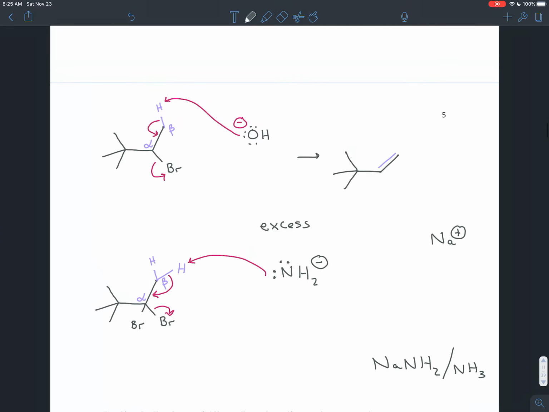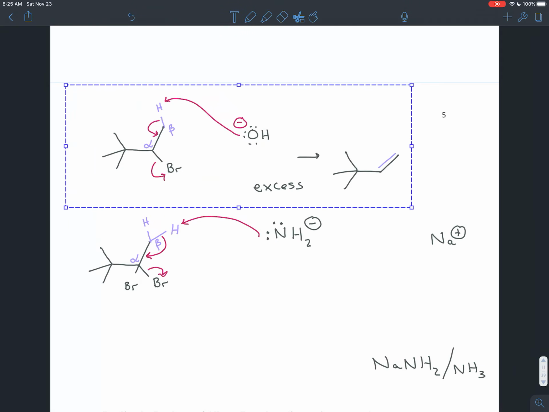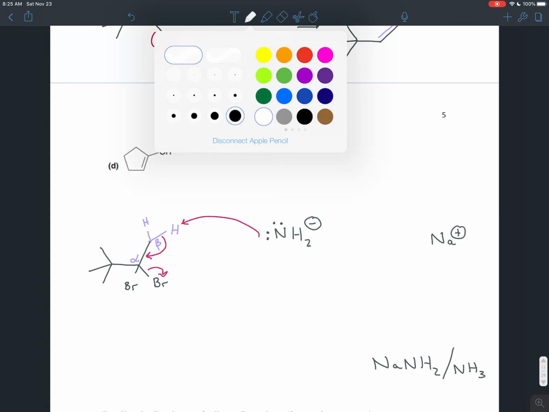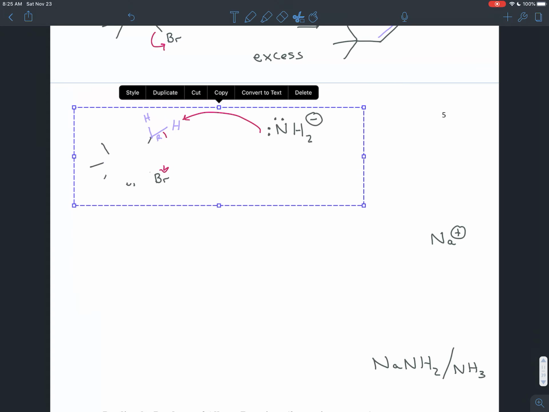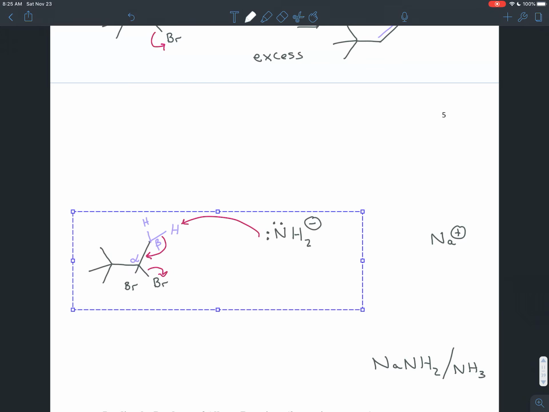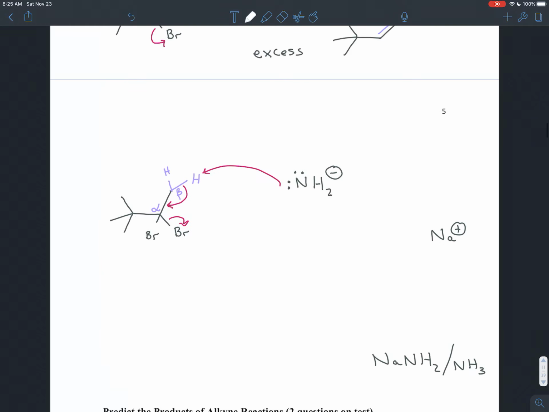So after that first step, what you are left with is the carbon chain mostly stays the same.